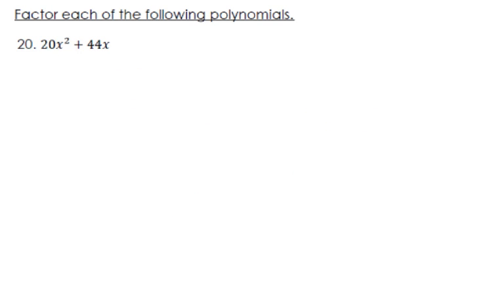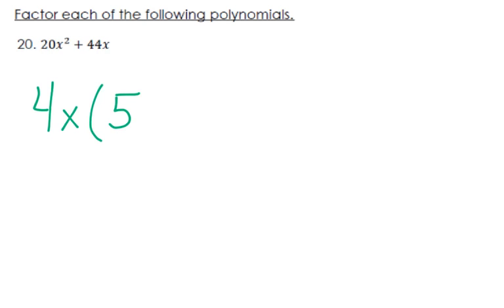Right, on this next problem, you want to find the largest number that can divide 20 and 44. And that would be 4. And we have x squared and x, so I can take an x away from both of those as well. So if I do 20 divided by 4, that gives us 5.